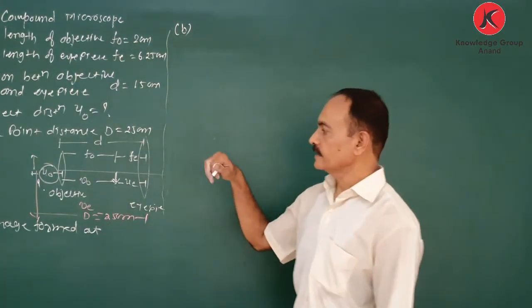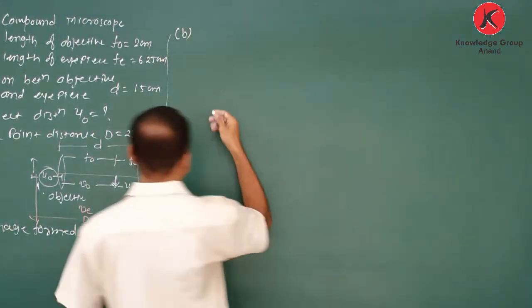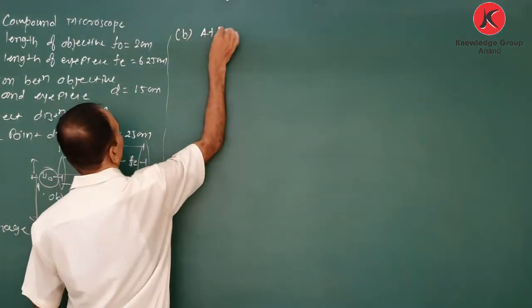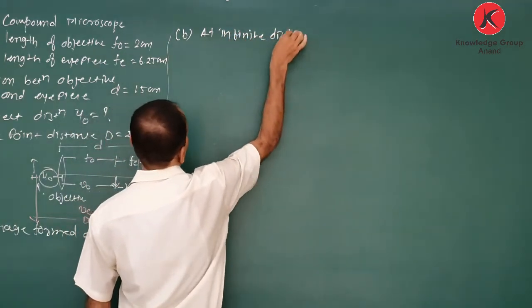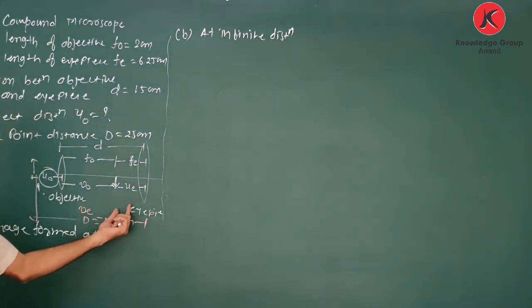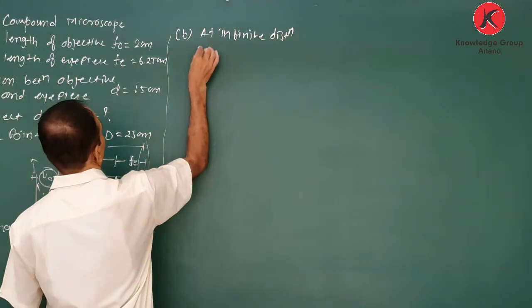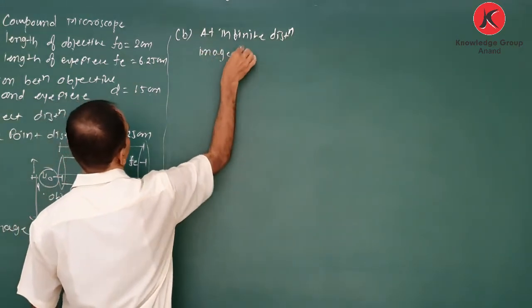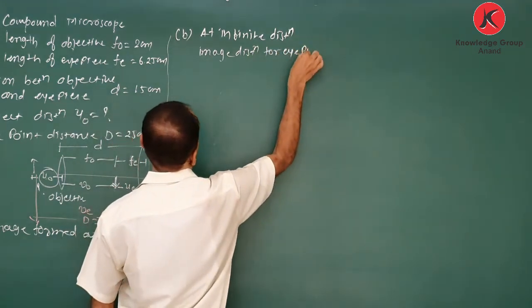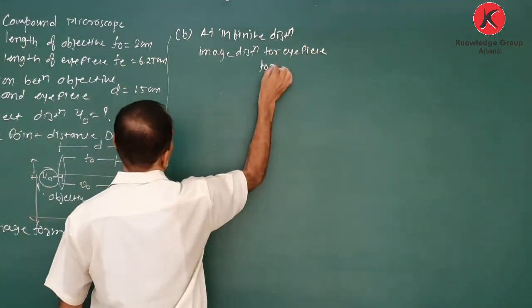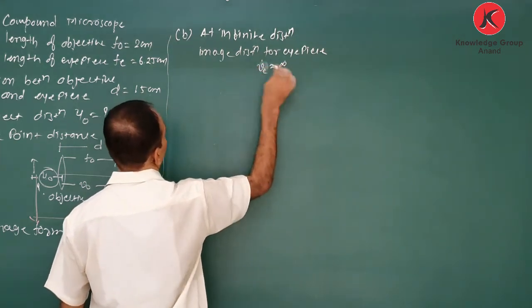Okay, now in B part, if the final image is formed at infinite distance, that means the image distance for the eyepiece V is equal to infinite.